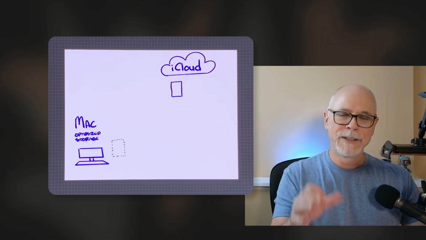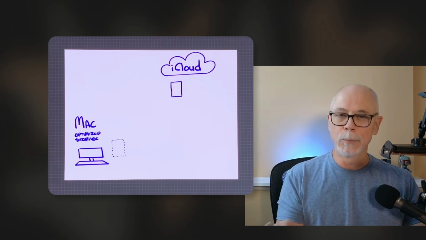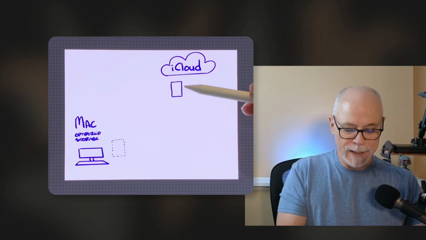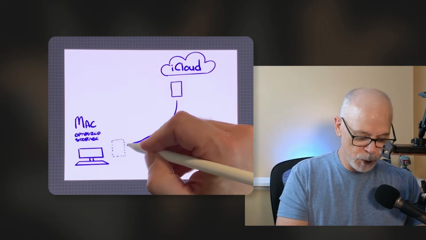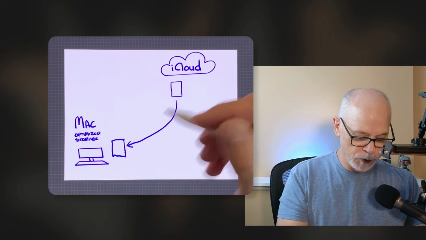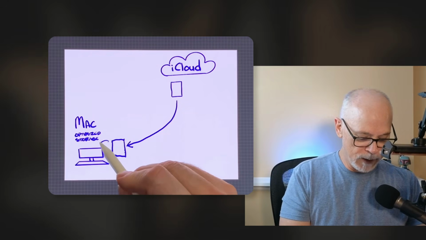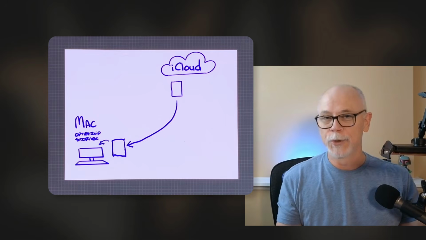But it's not the full resolution version. The cool thing that Parachute Backup will do is download that full resolution version to your Mac, making it the full resolution photo. At that point, it will back up to your Mac or whatever storage you have connected to it.